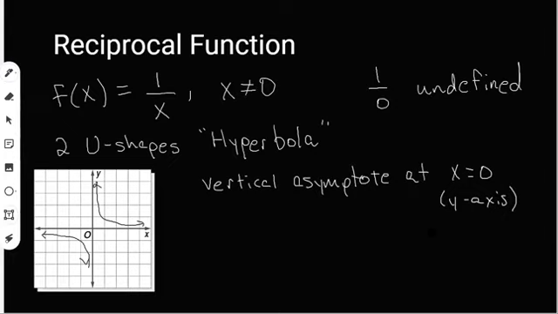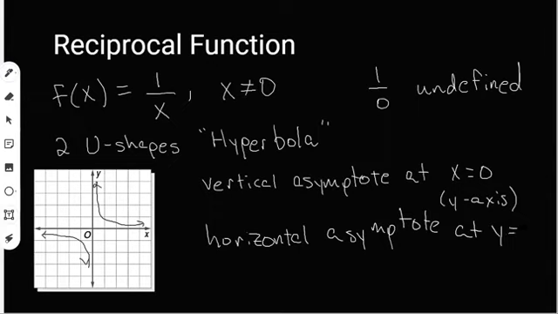So it has a vertical asymptote, but it also has a horizontal asymptote, right? It has a horizontal asymptote at y equals 0, also known as the x-axis. So it has both vertical and horizontal asymptotes.